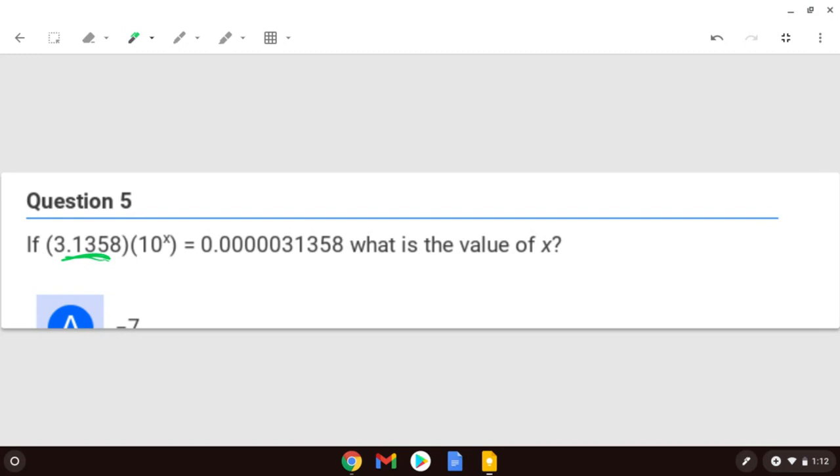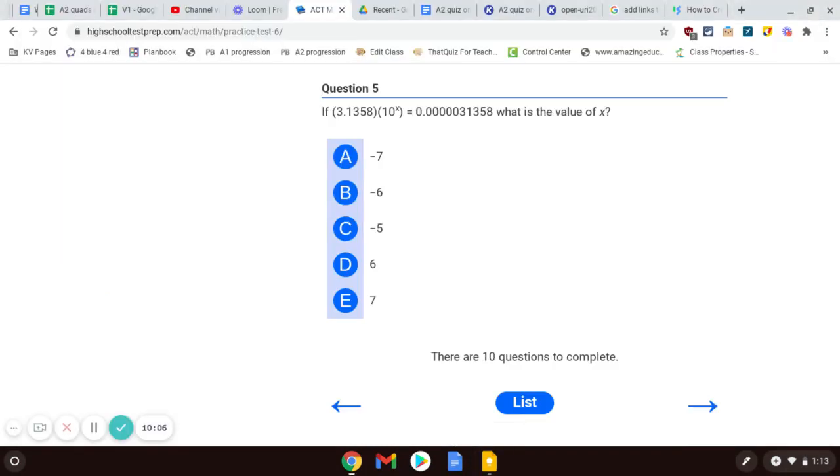So you've got that 3.1358 times 10 to some power is equal to this really small decimal right here. Because it's a really small decimal, we know that the exponent has to be negative, so x has to be negative. What you can do is just count how many spaces it is until you get that decimal in the right spot, and that will tell you what x is.